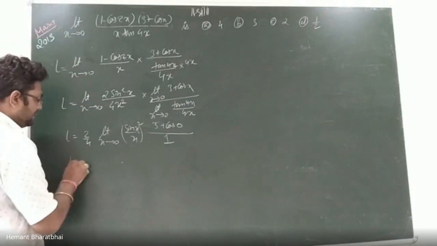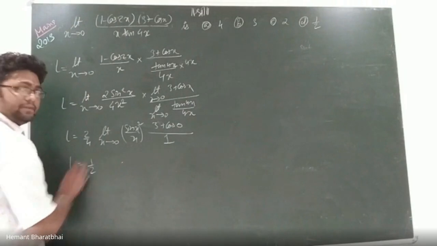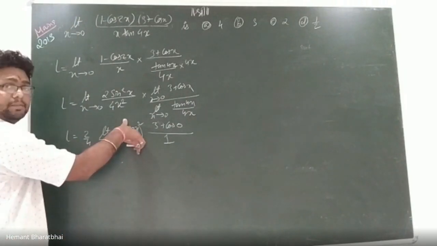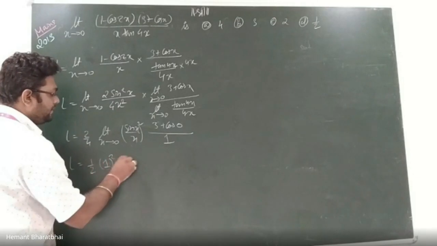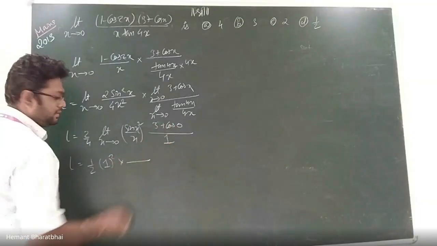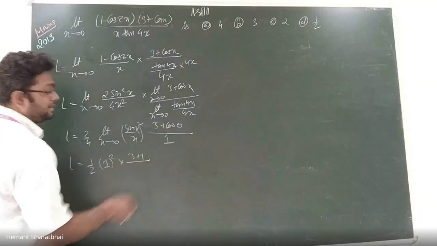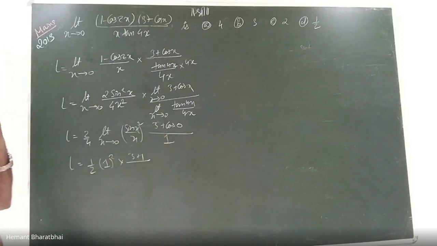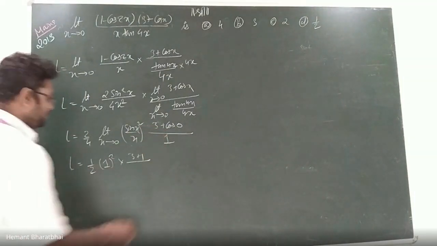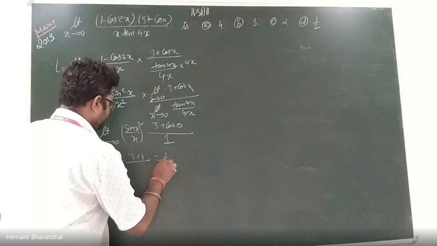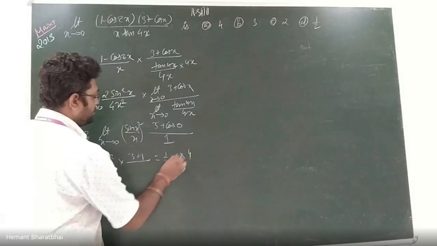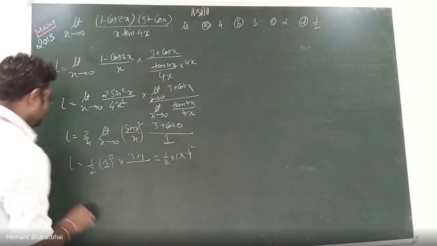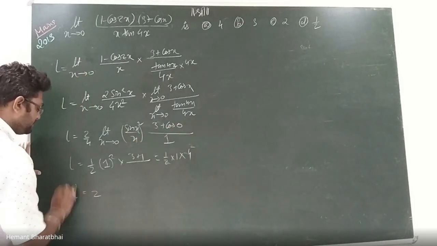Similarly, here L is equal to 2 by 4, so that is 1 by 2. Limit of sin of x by x is 1, so this is 1 square into cos 0 is 1, so this becomes 3 plus 1. Anything upon 1 is the same number. So 1 by 2 into 1 into 3 plus 1, that is 4. 2 1s are 2, 2 2s are 4. So I'm getting limit of it equal to 2.